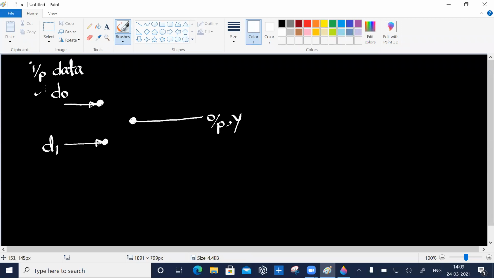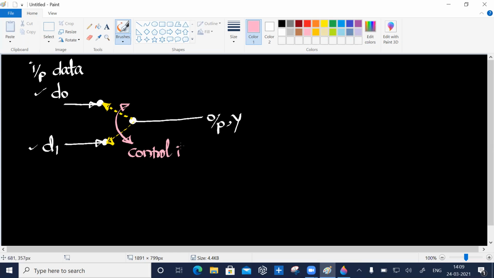So input data D naught and input data D1. Now you have a control input.